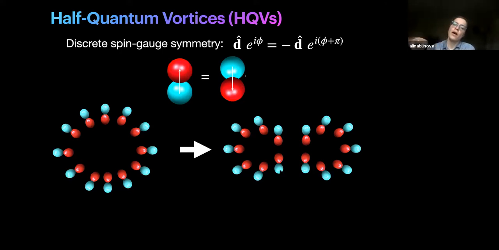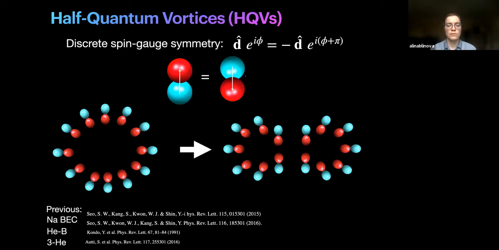So a 180-degree rotation of the director together with a pi phase winding of the phase, the phase flip here being necessary to guarantee the continuity of the order parameter, generates your half quantum vortex. So the circulation is pi instead of 2 pi.